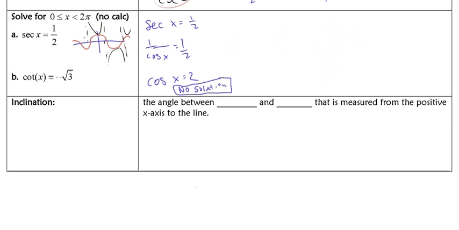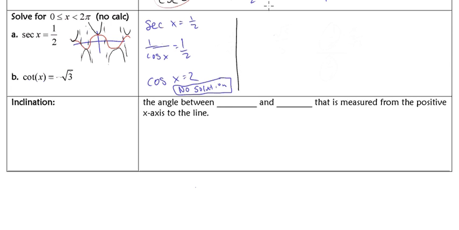And there's no value where it's equal to 1/2. Its range was where y was greater than or equal to 1 or less than or equal to negative 1. And so there's nowhere that it does equal 1/2. There we go. That's part A.